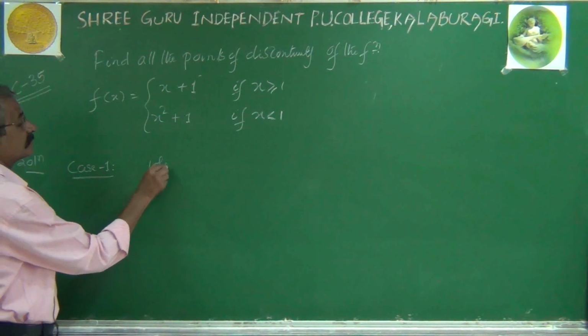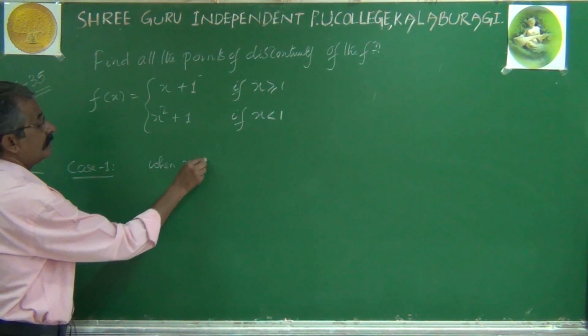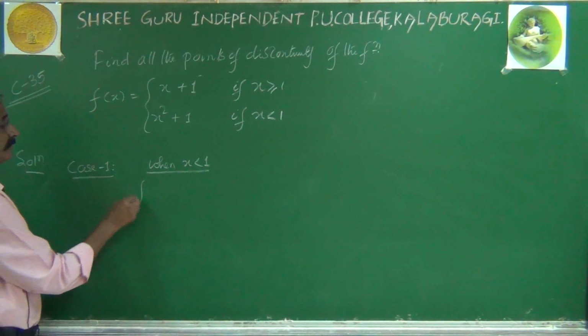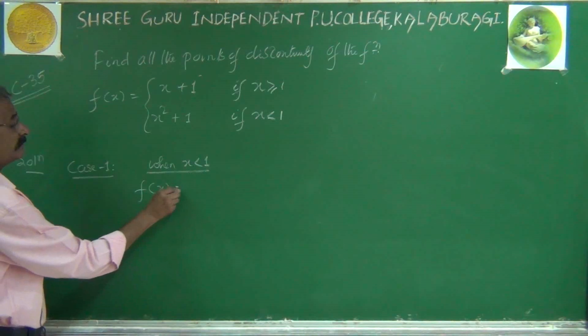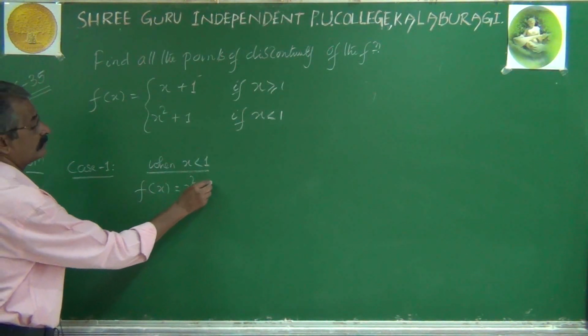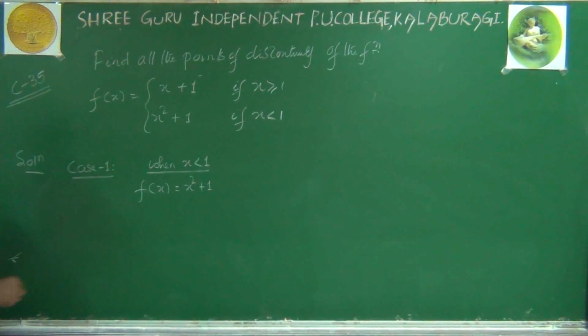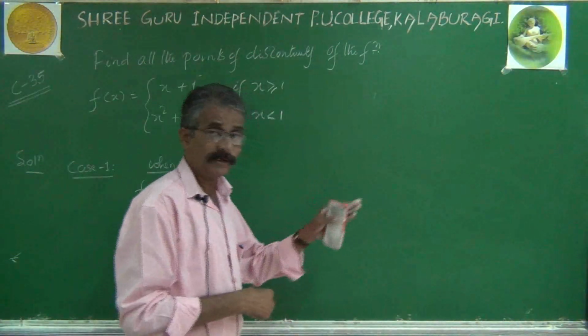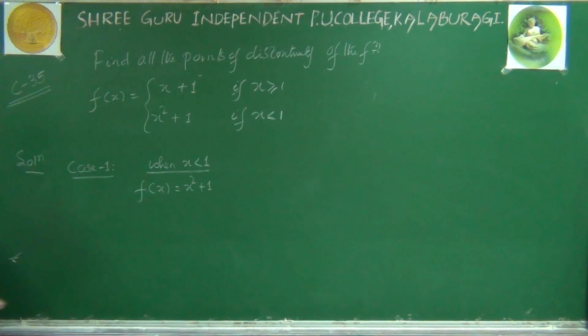When x is less than 1, f(x) equals x square plus 1. But what is x square plus 1? It is a second degree algebraic polynomial, so it is continuous.